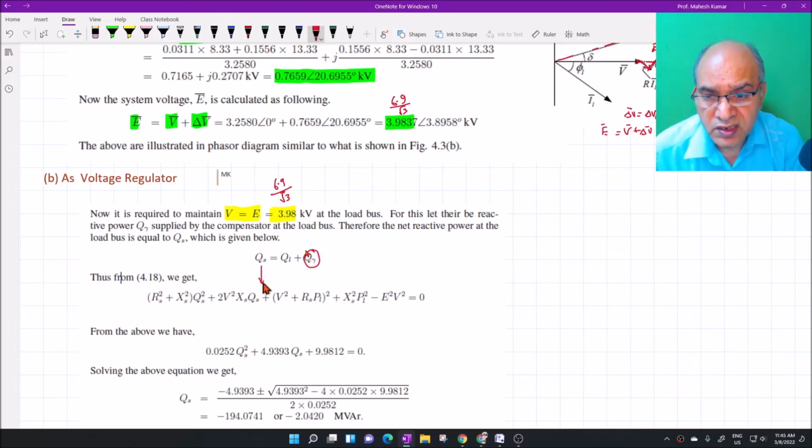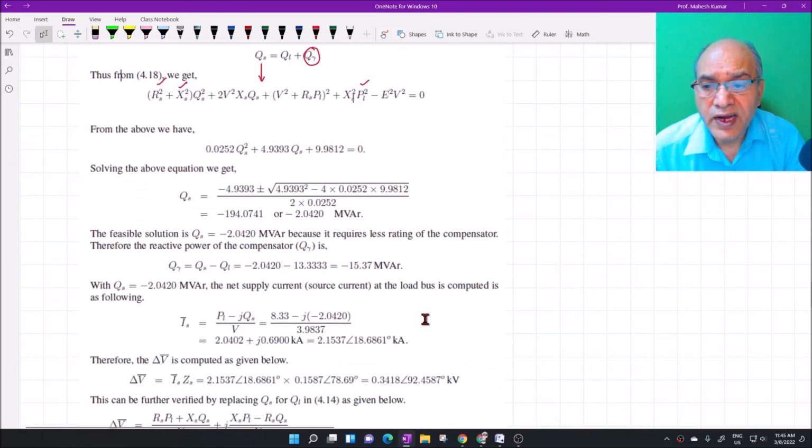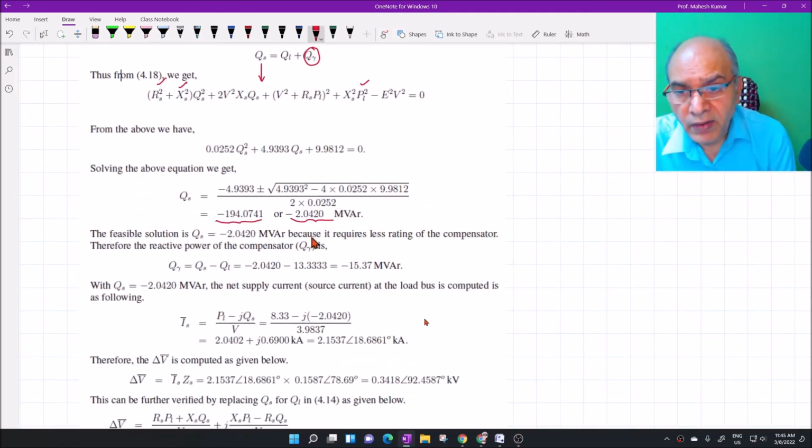So we use this equation quadratic in QS, substitute the value of R, X, PL, and solve for QS. When we solve for QS, we find the value of QS as minus 194 and minus 2.0421.